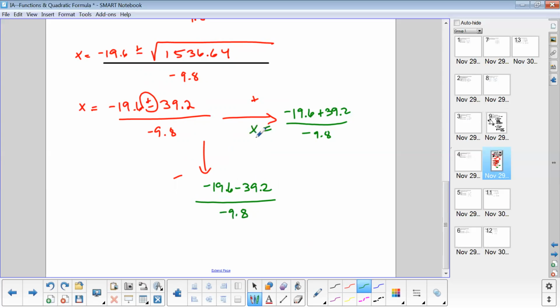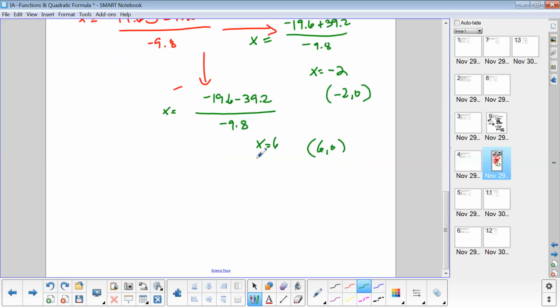So remember, this is x equal, this is x equal. So what am I going to get here? Negative 19 and 6/10 plus 39 and 2/10 divided by negative 9 and 8/10, and I get negative 2. So negative 2, 0 is one solution. This one is negative 19 and 6/10 minus 39 and 2/10, and then divide by negative 9 and 8/10, and I get x equals 6, or 6, 0.